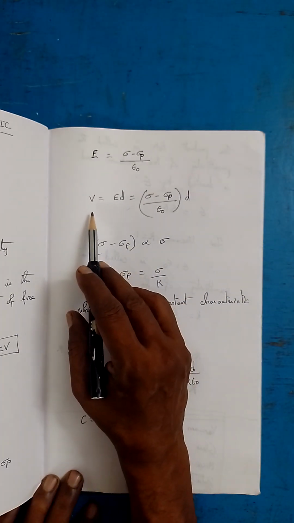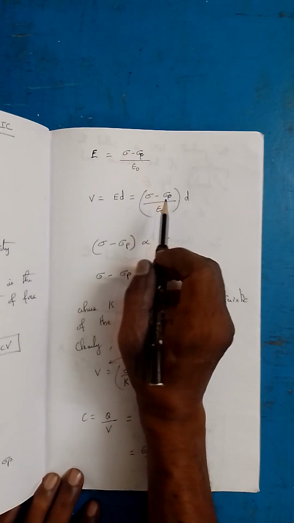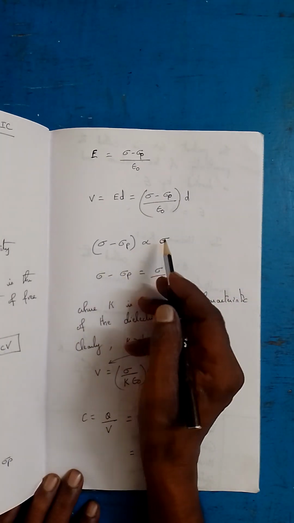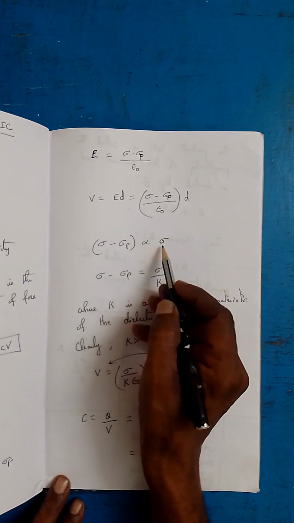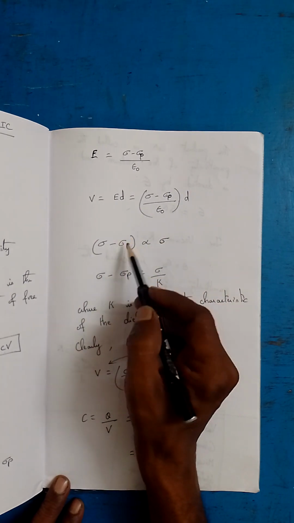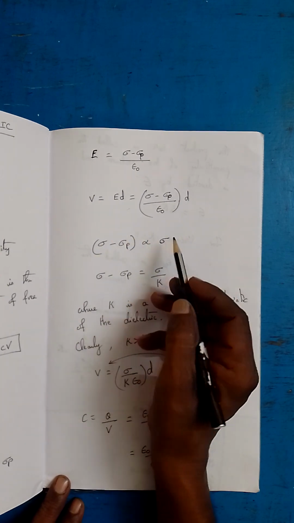Now we already know that V is equal to ED. Now E is given by sigma minus sigma p by epsilon naught, into D. But this value sigma minus sigma p is directly proportional to sigma, because sigma p is negligible compared to the sigma value.